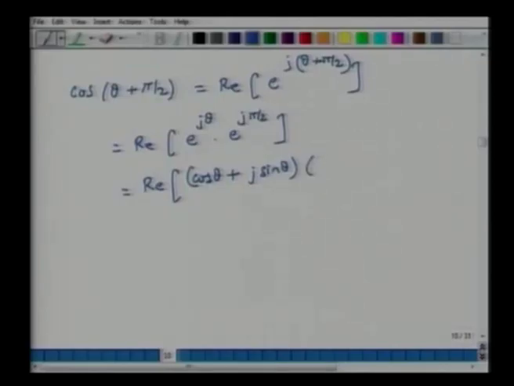Now I expand e^(j pi over 2). Cosine of pi over 2 is 0, plus j times sine of pi over 2, which is 1. So I get the real part of (cosine theta times j minus sine theta), which equals minus sine theta.